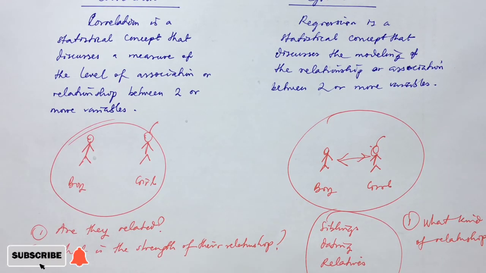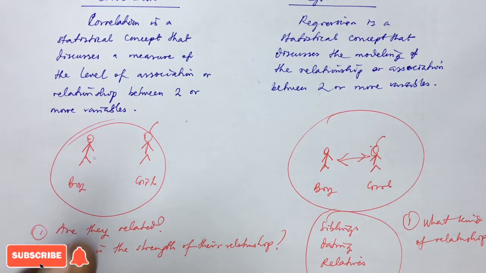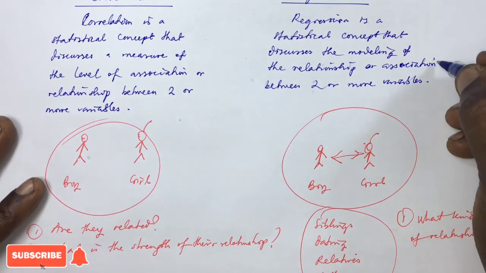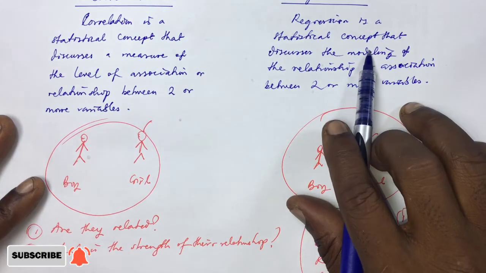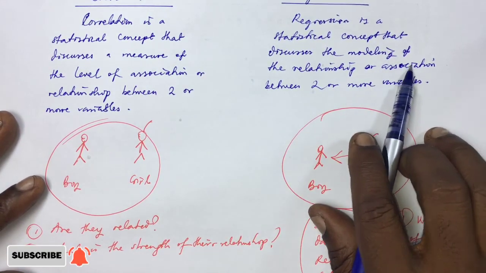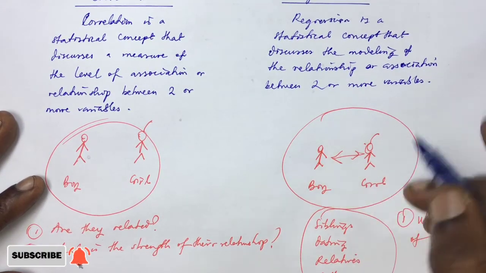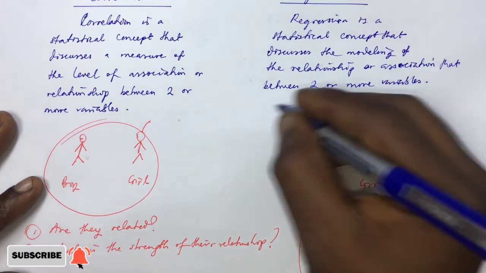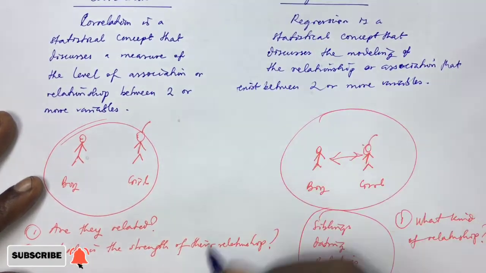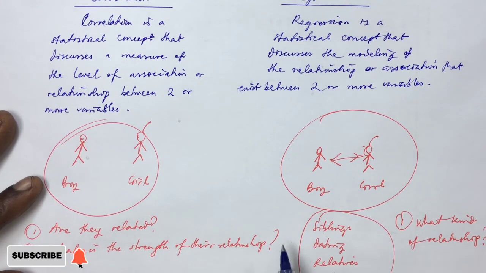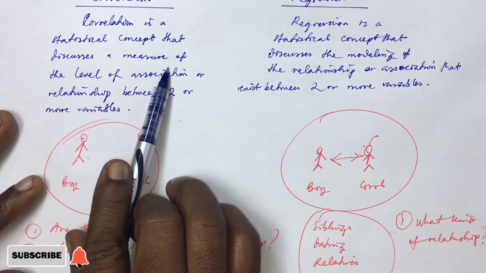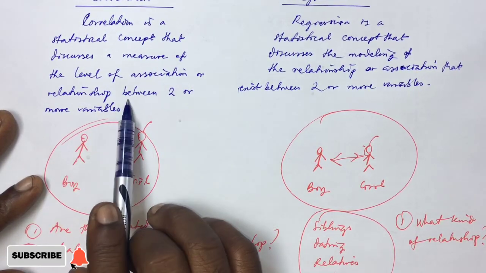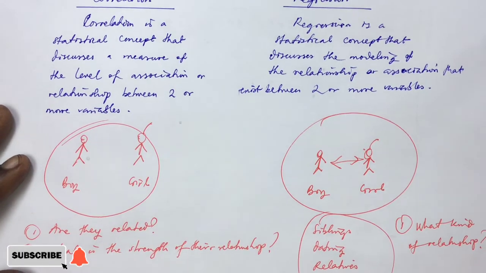But regression is also a statistical concept that discusses the modeling of the relationship or association that exists between two or more variables, whereas correlation measures the level of association or relationship between two or more variables.